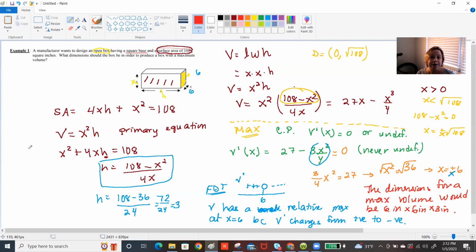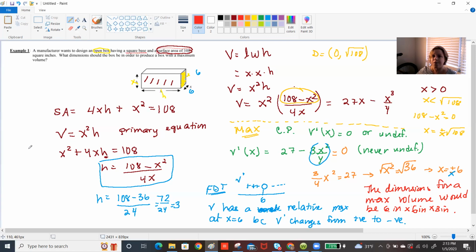So we found that the maximum volume occurred when the square base was 6 by 6, and this happened because the derivative changed from positive to negative. We plugged in and found h, the height. So the dimensions that yield the maximum volume are 6 by 6 by 3 inches.